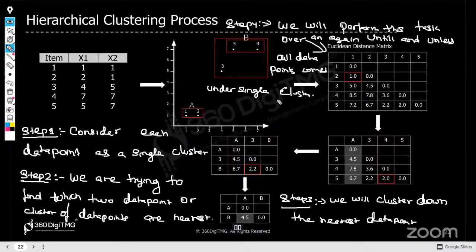So these are the steps that we have to follow when it comes to hierarchical clustering. That's how we will cluster down the data points.